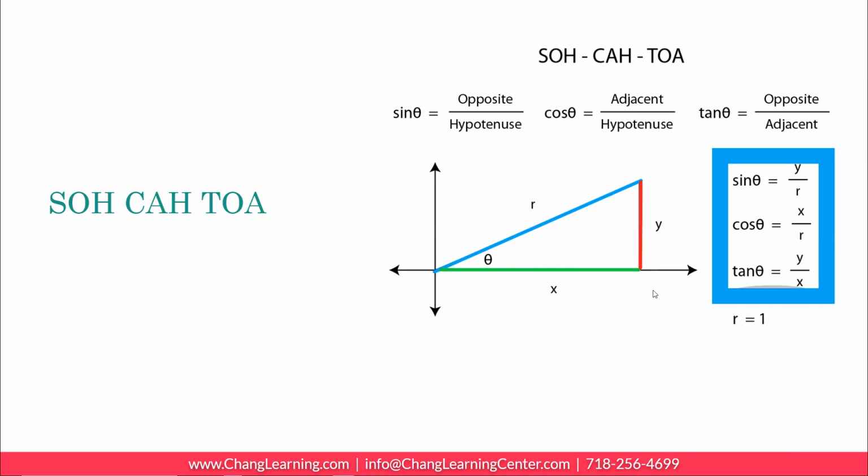The next topic that is commonly on the SAT is Sohcahtoa. You know that it's a mnemonic device, a memory device for memorizing these three common trig ratios. So is sine equals opposite over hypotenuse. S for sine, O for opposite, and so. Cosine is adjacent over hypotenuse, cah.